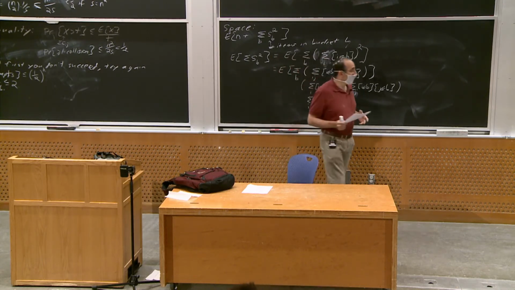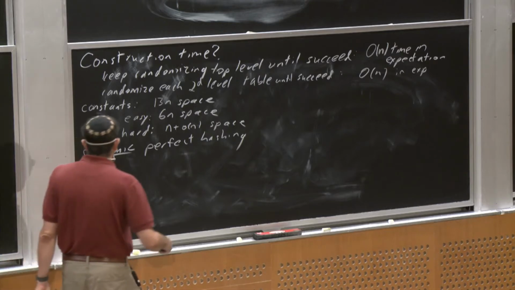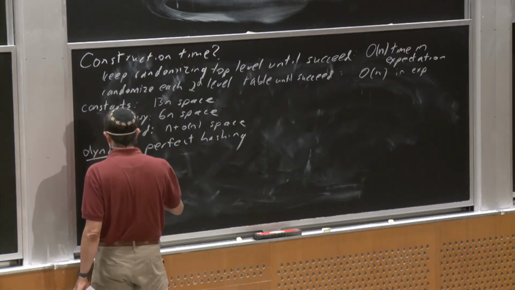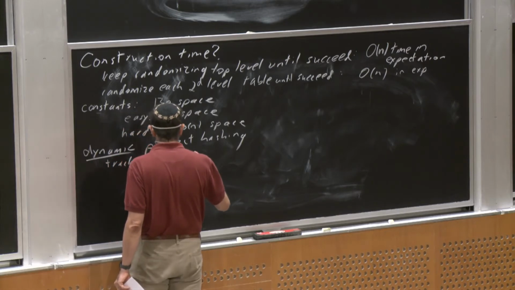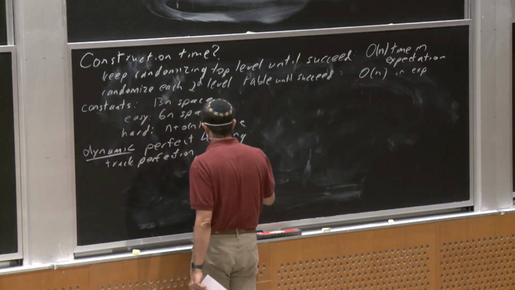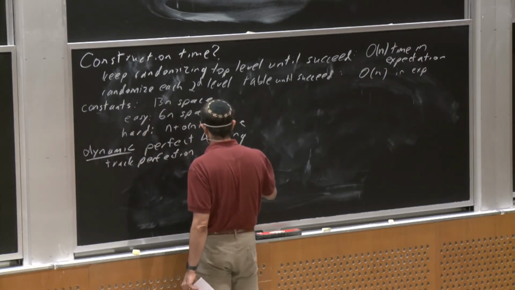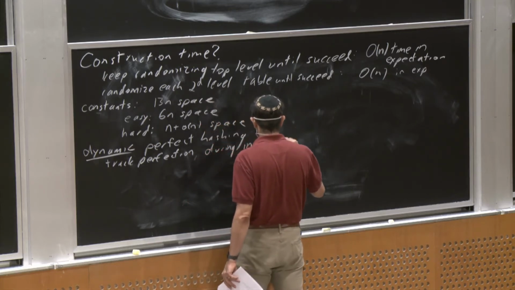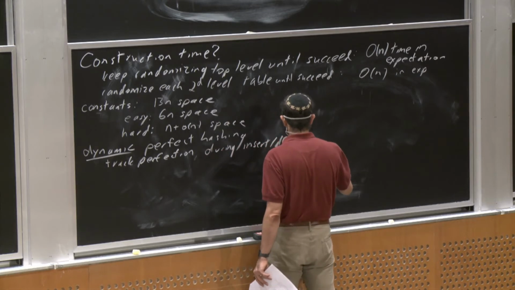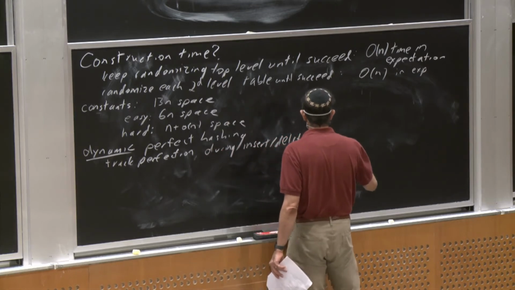And it turns out that you can, right? What you do is you track the perfection of your hash table during inserts and deletes. And you fix your table when it breaks.